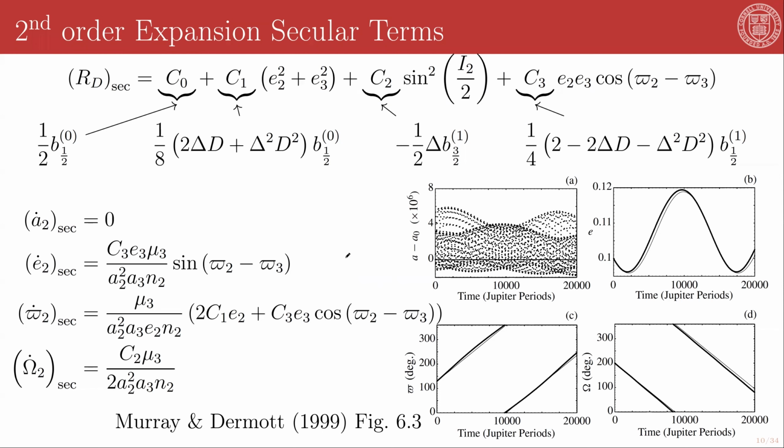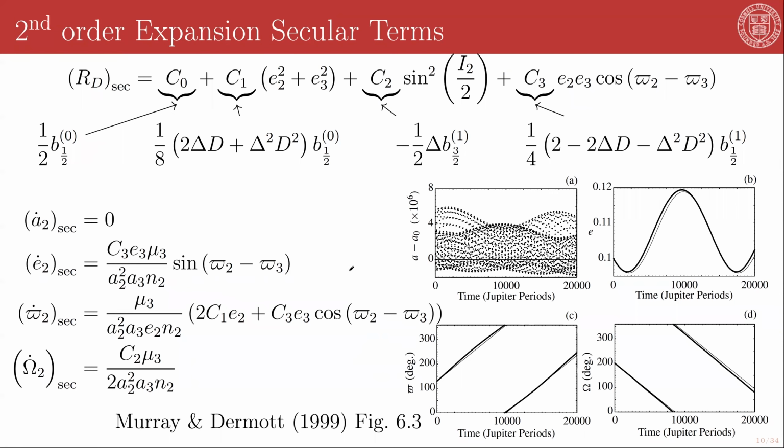But remember, we are thinking about the case where m2 is a small body that is being perturbed by a much larger body, m3, but that both are in orbit around a much larger body, m1. So again, the conceptual picture here is something like an asteroid or a spacecraft being perturbed by a planetary body in orbit around the sun.